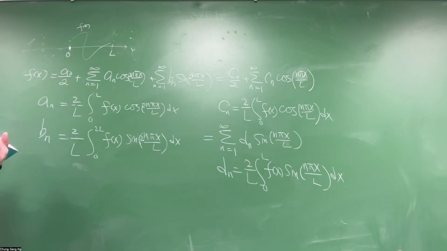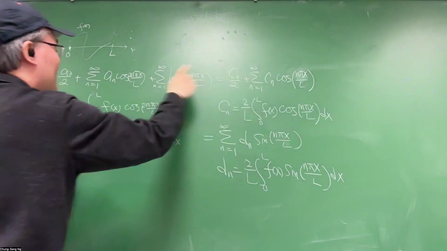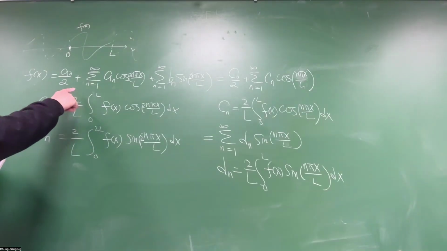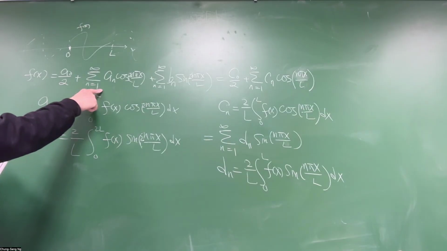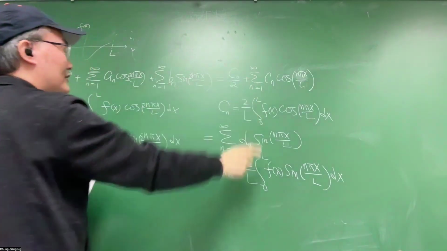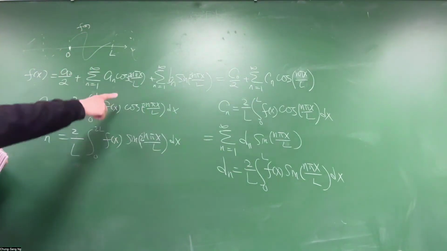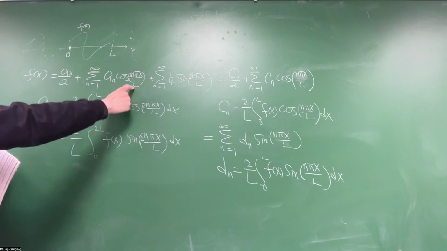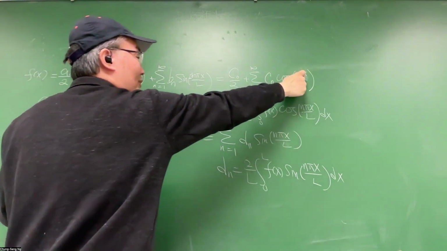What is the major difference between the cosine series and the full series? You're taking both, it's from minus L. Both are n equals 1 to infinity. What is different? Yeah, this is cosine 2n pi x, and this is cosine n pi x.